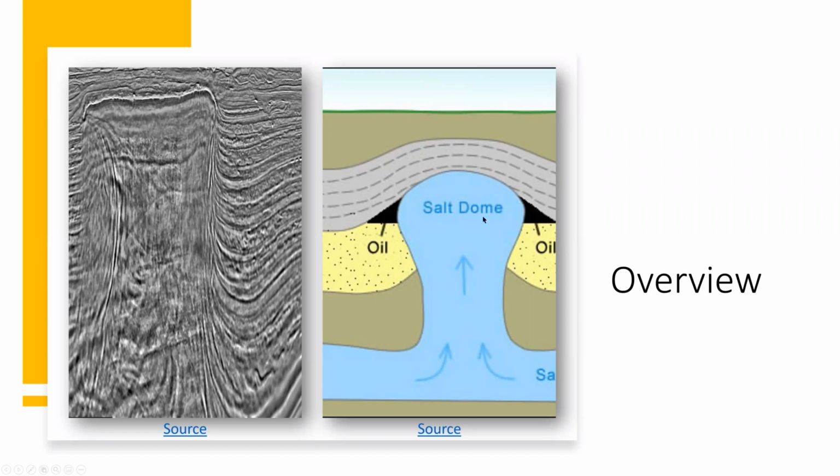It's quite important to identify the salt because it is very difficult to image below and sometimes on the sides of a salt dome, depending on the shape of the salt dome. So this is an example of a salt dome and how that would more or less be seen in the seismic image. We are going to try to identify this shape in here, okay?